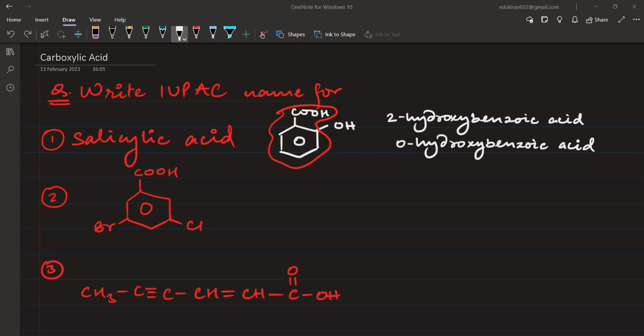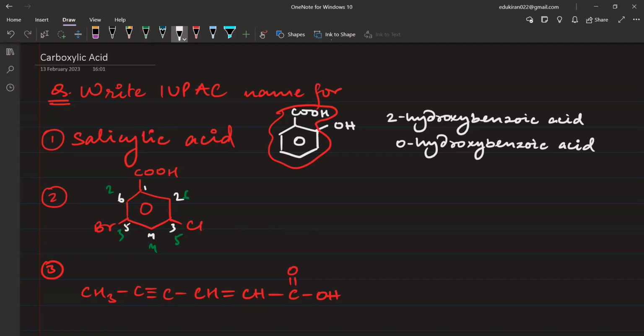Okay, sorry about that. So obviously this is going to be the first carbon atom in the benzene ring. Now you can either go 2, 3, 4, 5, and 6, or you can go the other way around.